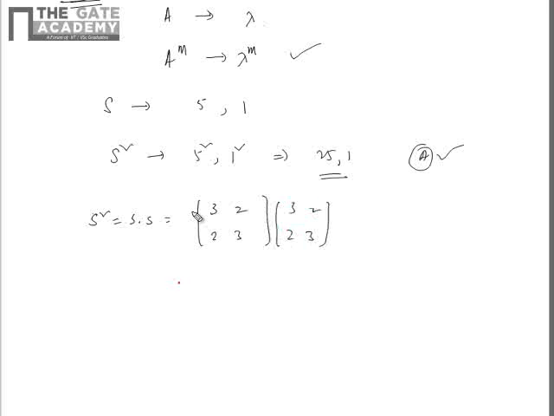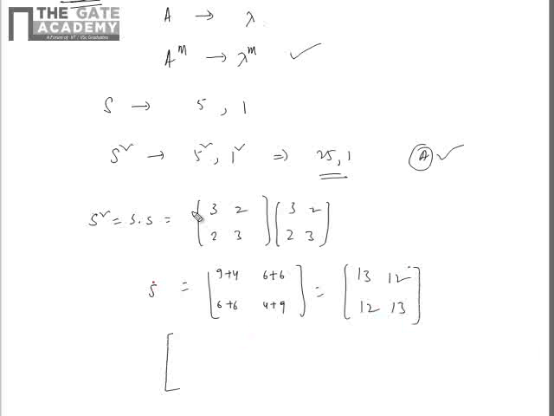Multiply: 3 3 is 9 plus 2 2 is 4, then 3 2 is 6 plus 2 3 is 6, 3 2 is 6 plus 3 2 is 6, and then 2 2 is 4 plus 3 3 is 9. So this will give you 13 12 12 13.